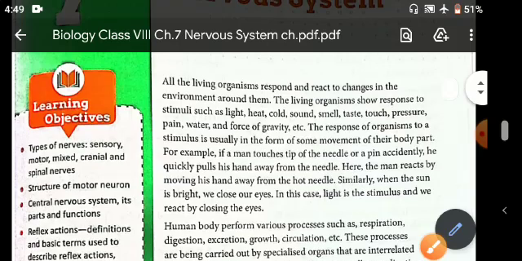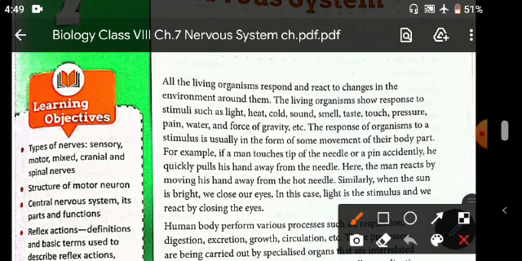Now let's start. We know that all living organisms respond and react to change in the environment around them. That means when any stimulus makes a change in the environment, the living organisms also respond to it.